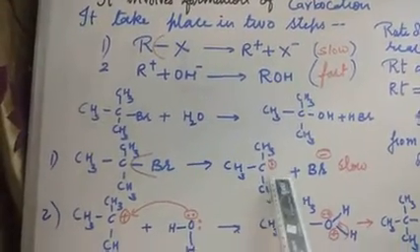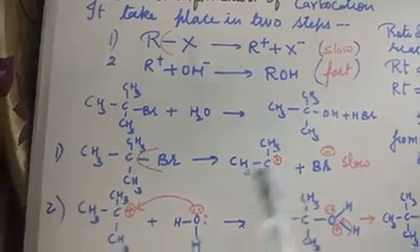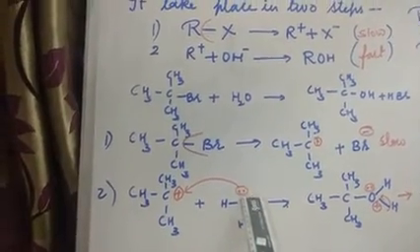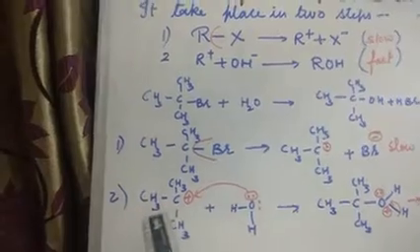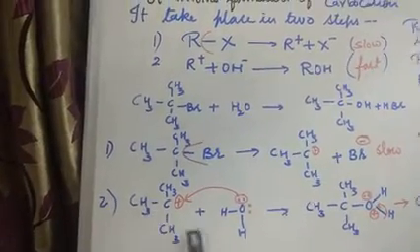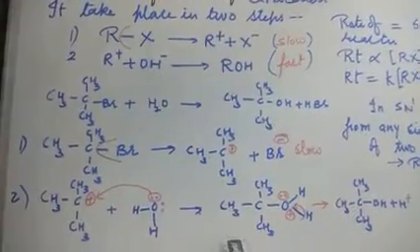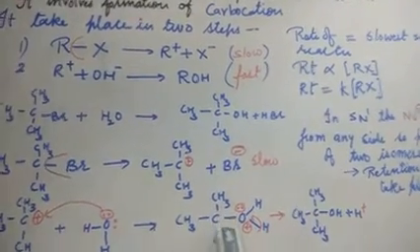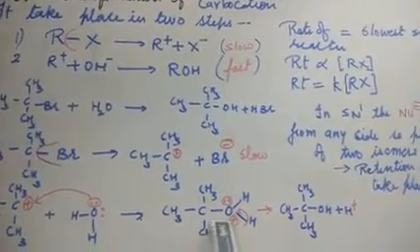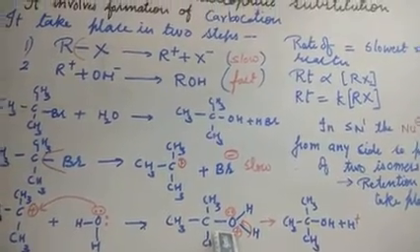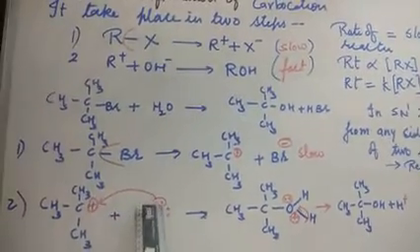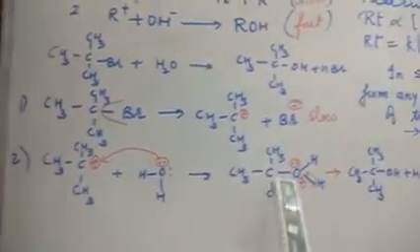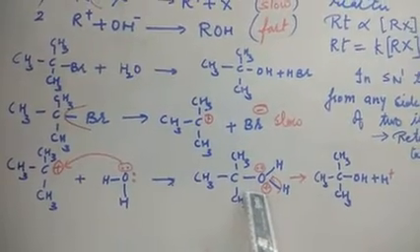After the formation of this carbocation, readily this nucleophile water is attacking through its lone pair of electron over this carbocation. And what we are getting? We are getting tertiary. This is the intermediate, students, as you are observing that this positive charge is there on the oxygen atom. Here this oxygen is providing its lone pair of electron to this positive carbon, and it itself is developing this positive charge.